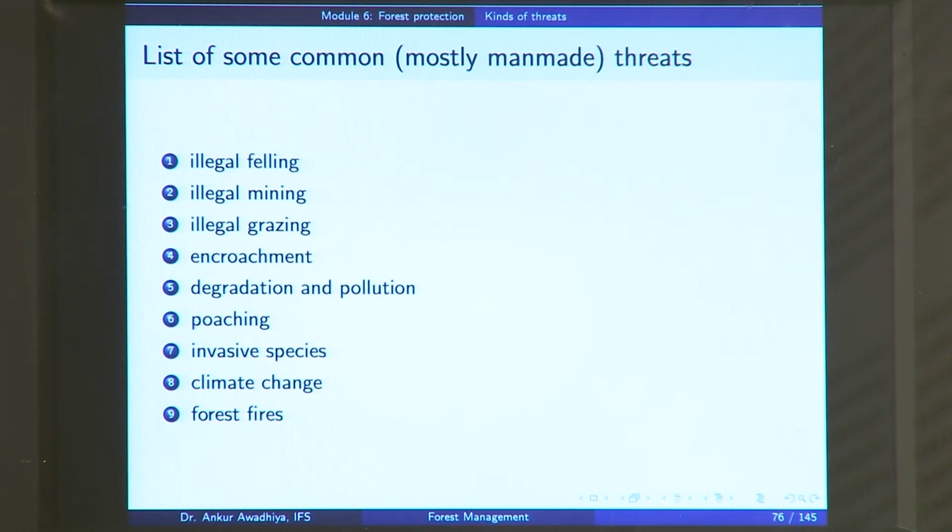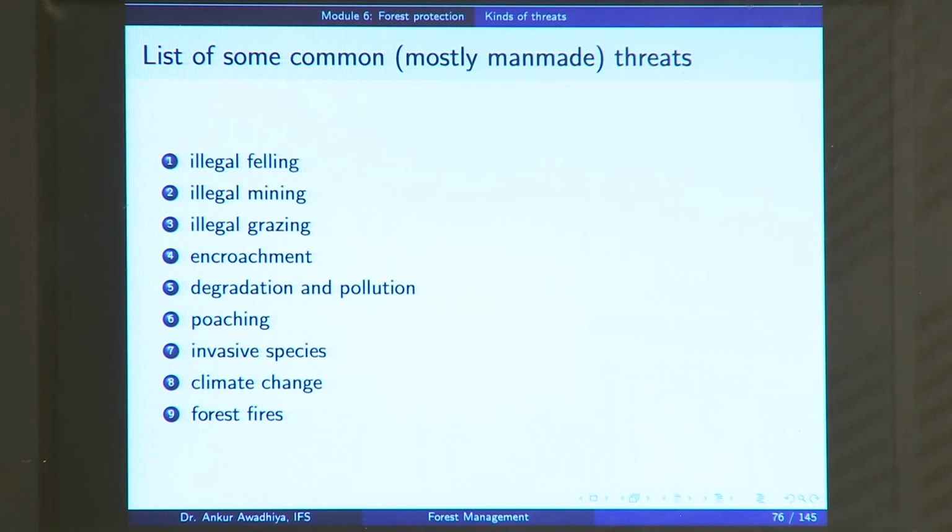And encroachment is a big problem, especially in those forests that are near the village areas, because people are known to extend their fields by cutting the trees, and once you cut these trees, you start cultivation in that area, and if you are able to carry out this cultivation for a few years, then there will be hardly any trace that there was a forest in this area before. So, encroachment is a huge threat.